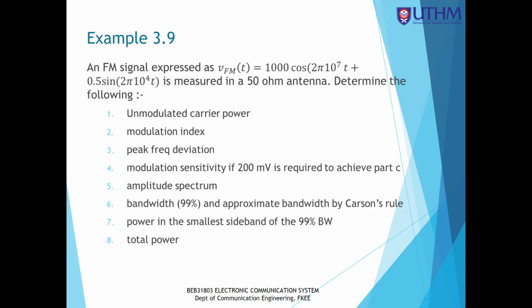Okay, so an FM signal expressed as VFM(t) = 1000 cos(2π × 10^7 t + 0.5 sin(2π × 10^4 t)) is measured in a 50 ohm antenna. Determine the following. Okay, so this is actually in the transmitter system.